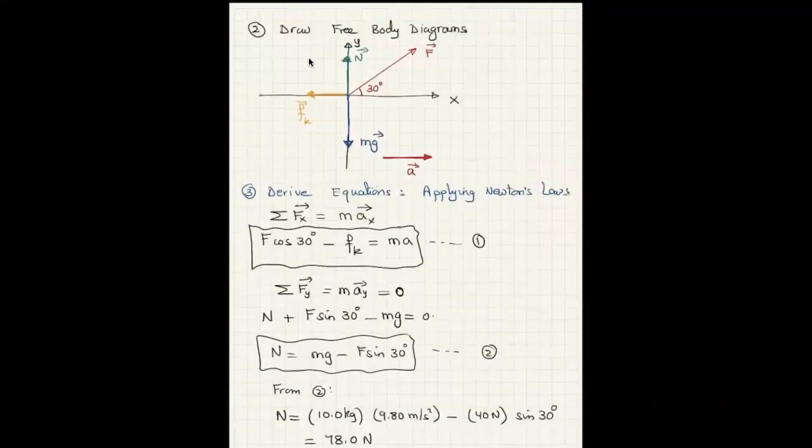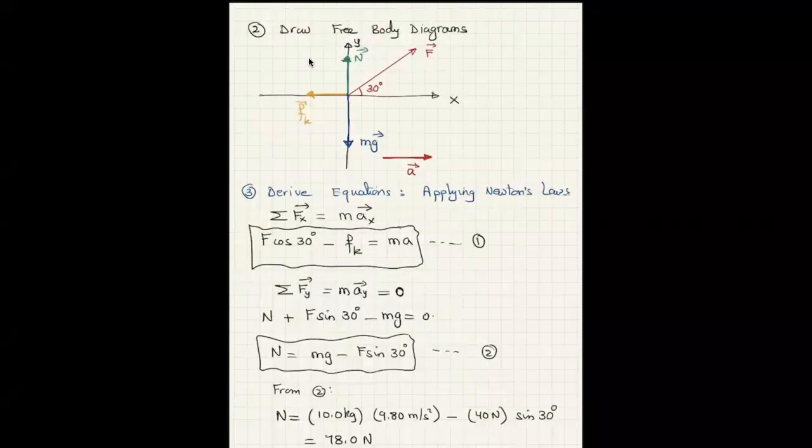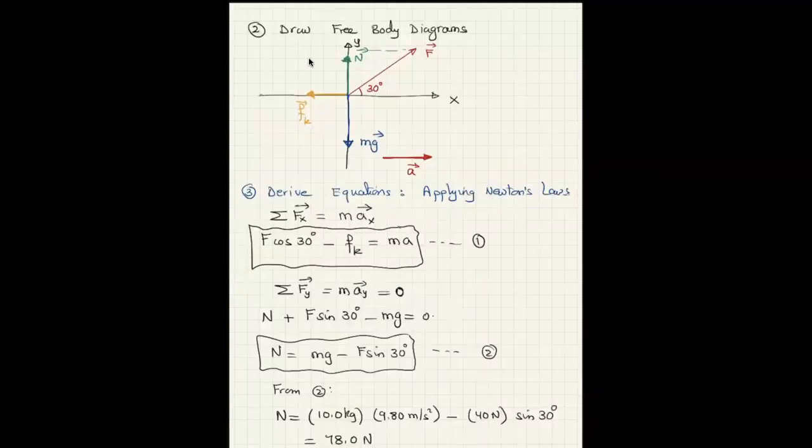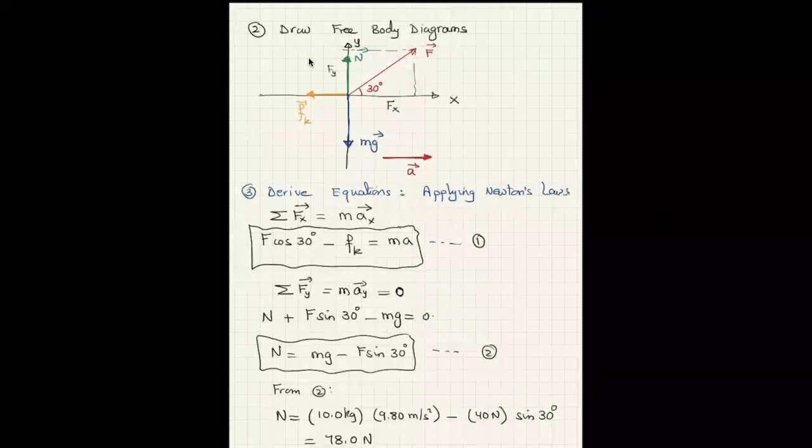Okay, thank you. Your question is very important. Okay, now if you have the free body diagram, look here, the F is gonna have two components. One of them Fx on the x-axis and one of them is Fy on the y-axis. That Fx is F cosine the angle, and that Fy equals F sine the angle.